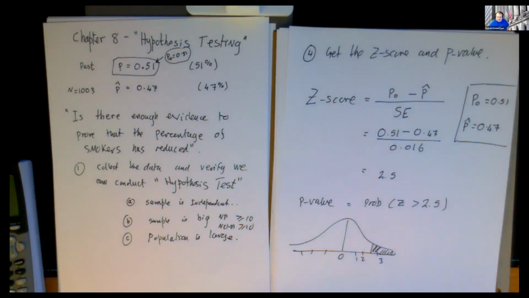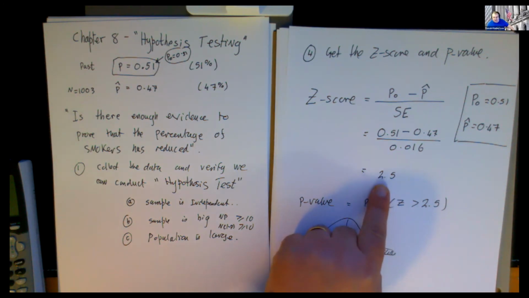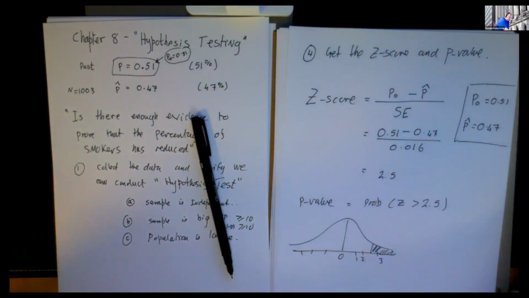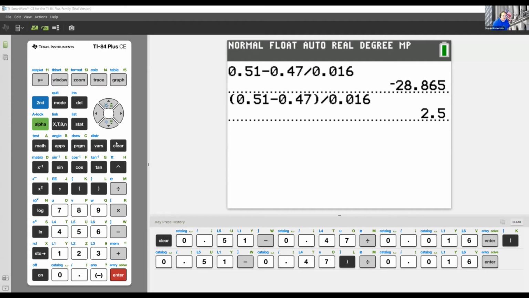If you want to visualize what the p-value is, it's the probability that you get a Z-score bigger than that. And we're now going to jump back to the calculator, and I will show you what that would look like on our calculator, because it's just easier to show than it is to say it.